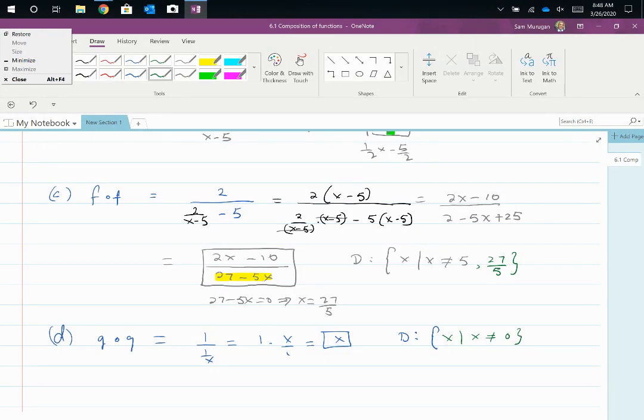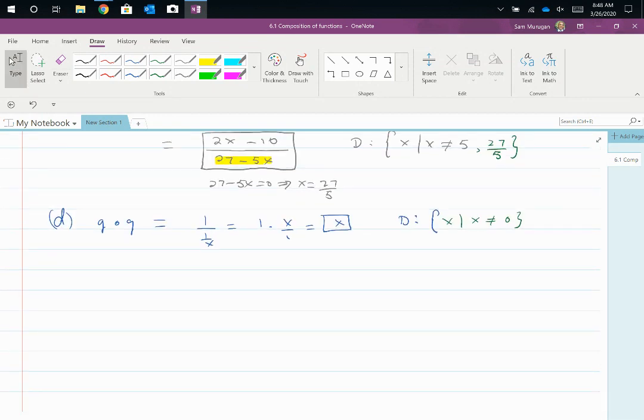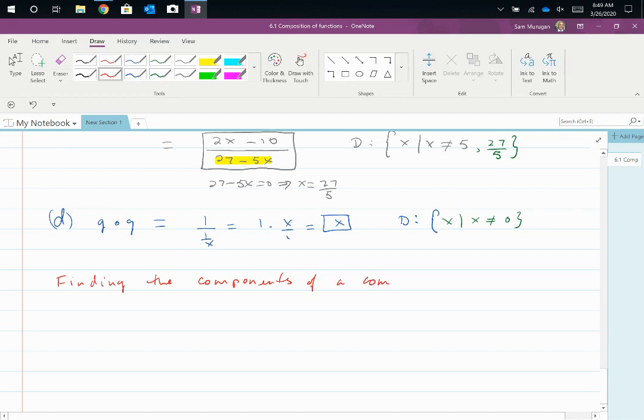Next, I want to look at finding the components of a composite function.